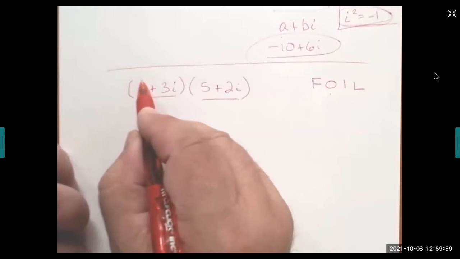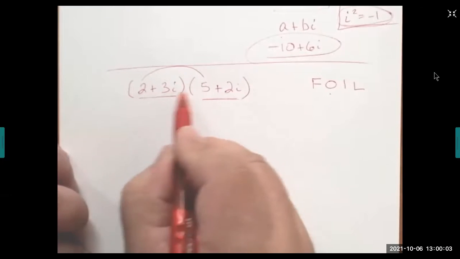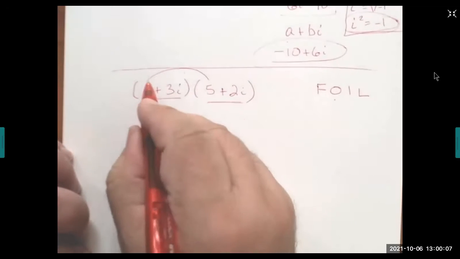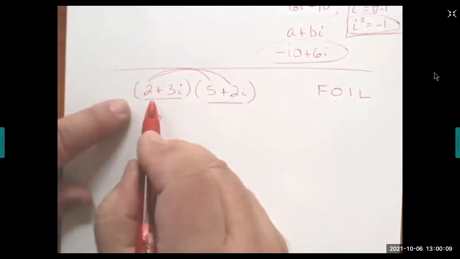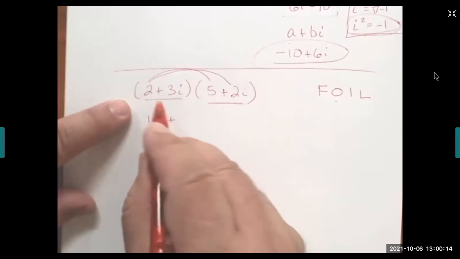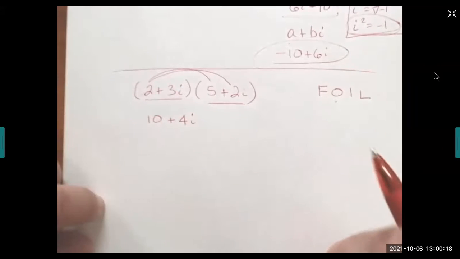So let's look at the first one. Positive times positive is positive. 2 times 5 is 10. Then the next one, because this first one has to multiply both of those. Positive times positive is positive. 2 times 2 is 4i.